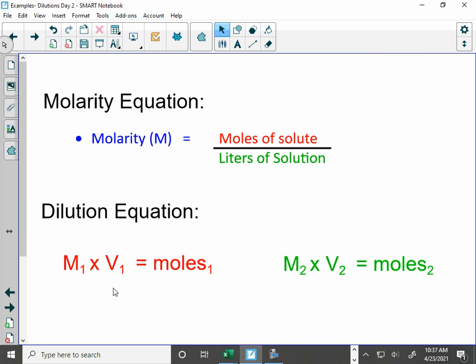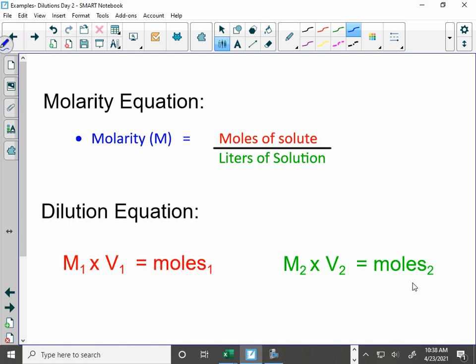So when I look at this and I make a dilution, the moles of 1 right here should be equal to the moles of 2. So those 2 are equal. So now, where does that get us? And I believe this is the transitive property, but don't quote me on that. I don't know my math properties that well.